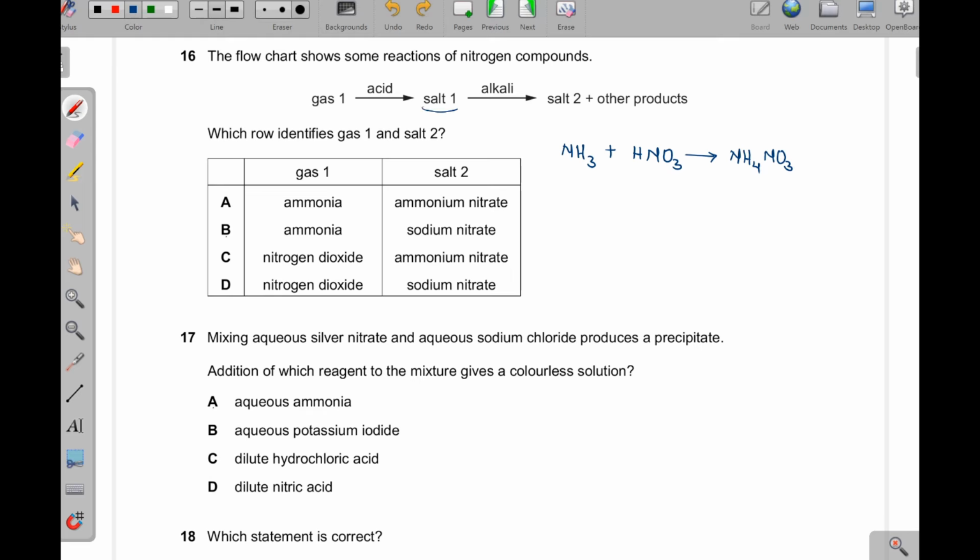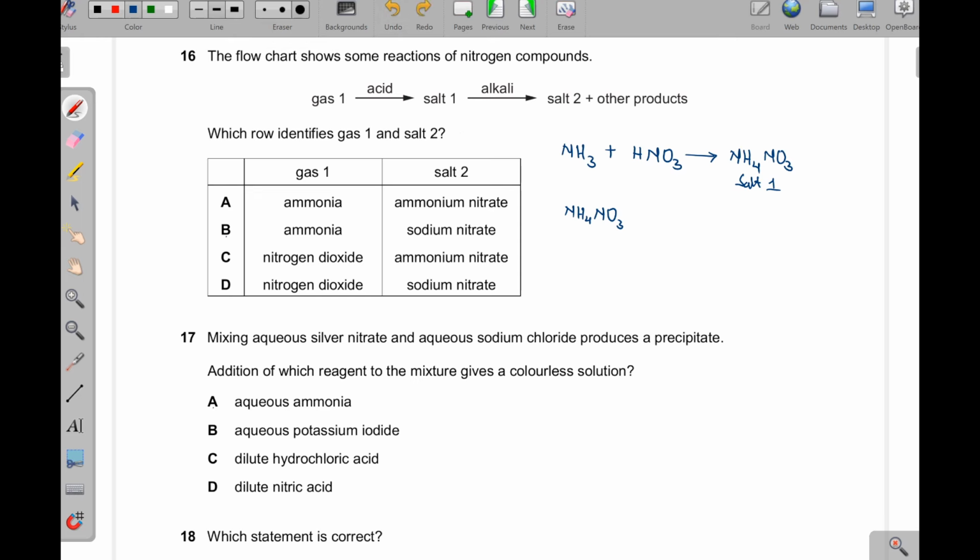They are saying salt 1. Pardon me, that is not salt 2. So this is salt 1, which is ammonium nitrate. Then it is warmed with an alkali.